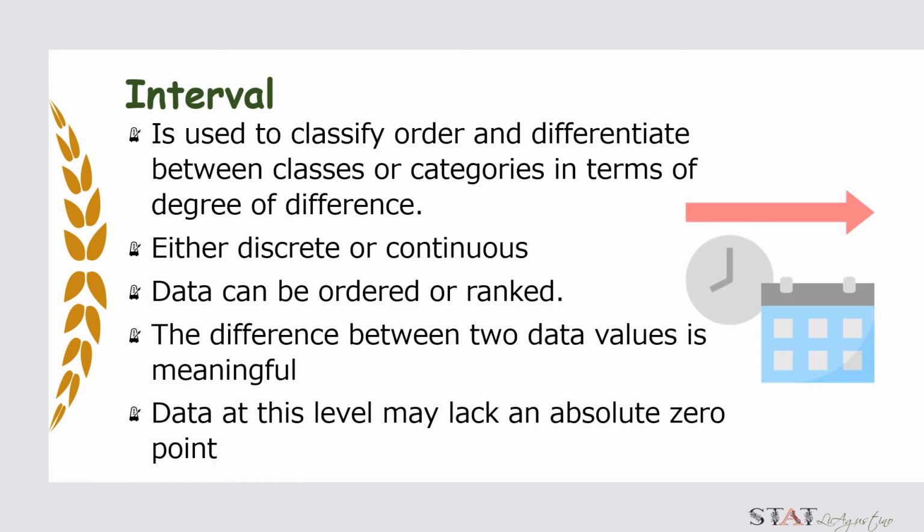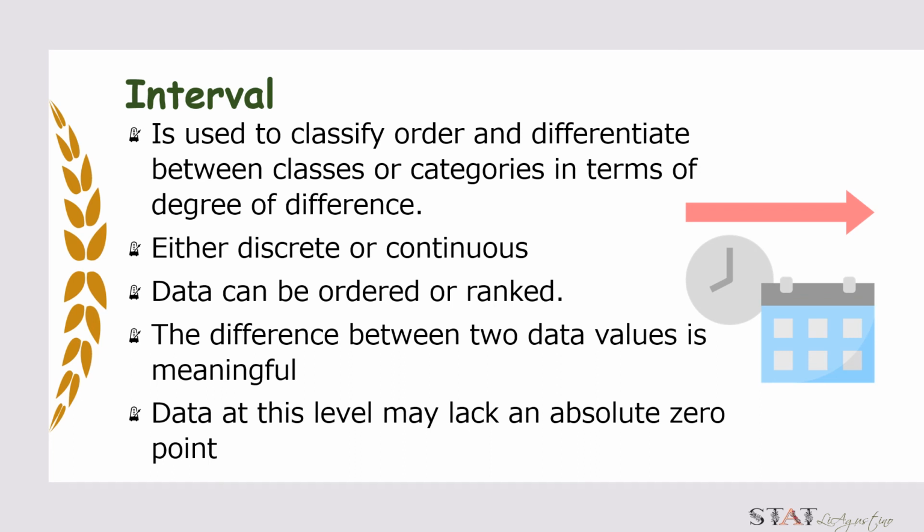And now what is this interval? It is used to classify, order, and differentiate between classes or categories in terms of degree of difference, either discrete or continuous. As I've mentioned earlier, discrete is a whole number and continuous can be an infinite number. And data can be ordered or ranked. So it also has the characteristics of the nominal and the ordinal levels of measurement.